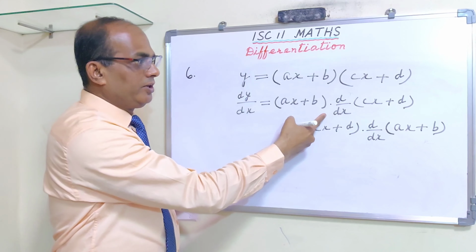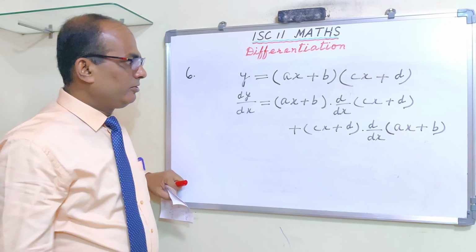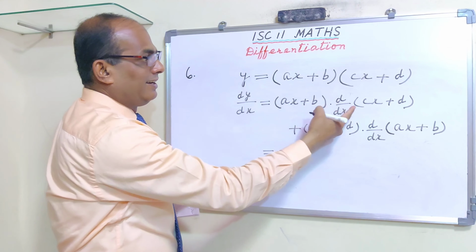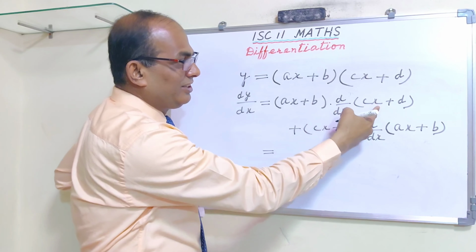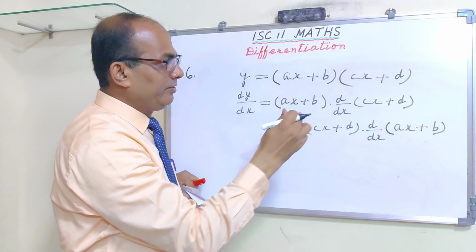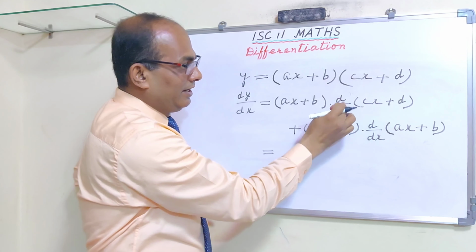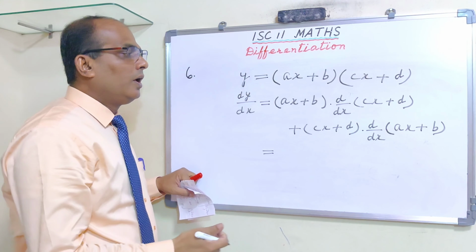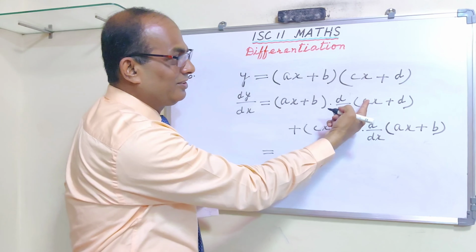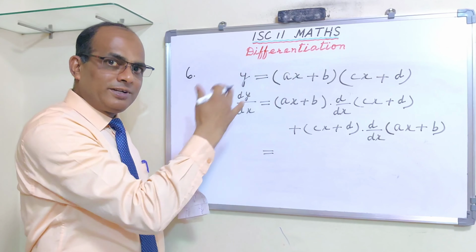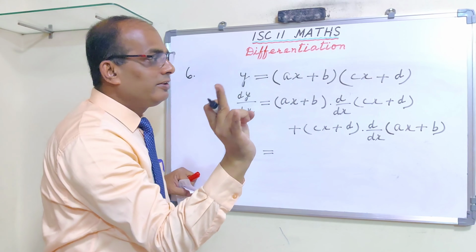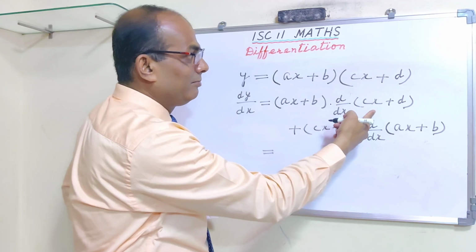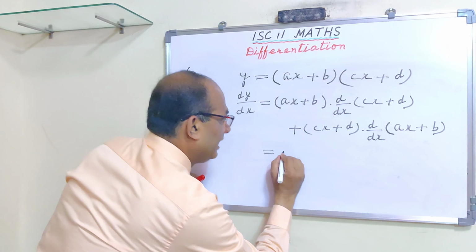First function into derivative of second plus second function into derivative of first. Now the derivative of cx plus d: the formula I have given you, d/dx of u plus v is d/dx of u plus d/dx of v. So d/dx of cx, c is a constant so it is kept aside, and d/dx of x is 1. So you simply get c, because d/dx of d is 0, d being a constant.